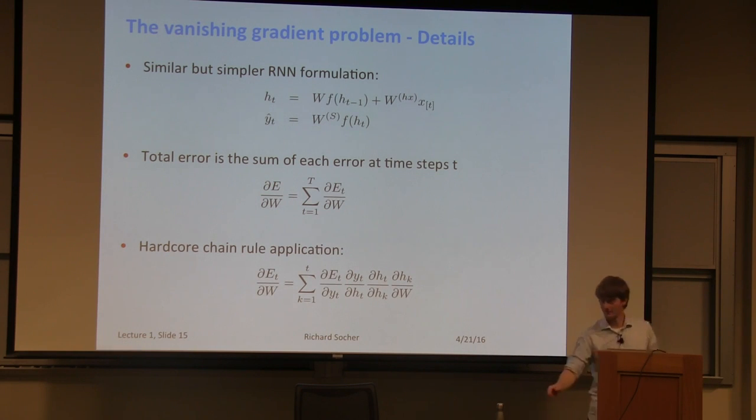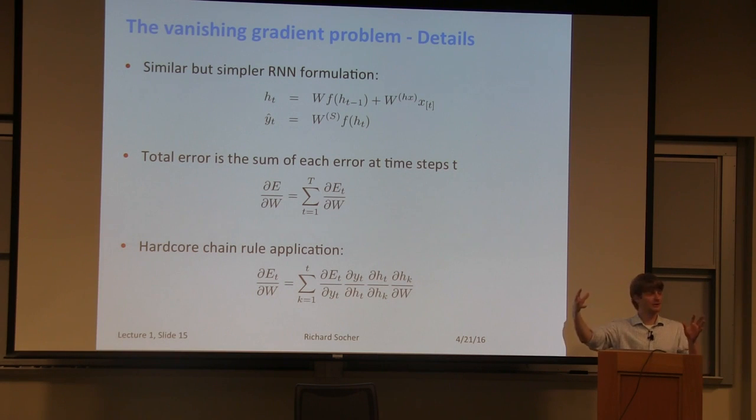Yeah? So the difference compared to what we were looking at before in terms of backpropagation is that the W's at each layer actually aren't updated. The question is, the W isn't updated. So the W is only updated during optimization, but you're right, at each time step you don't update W yet.